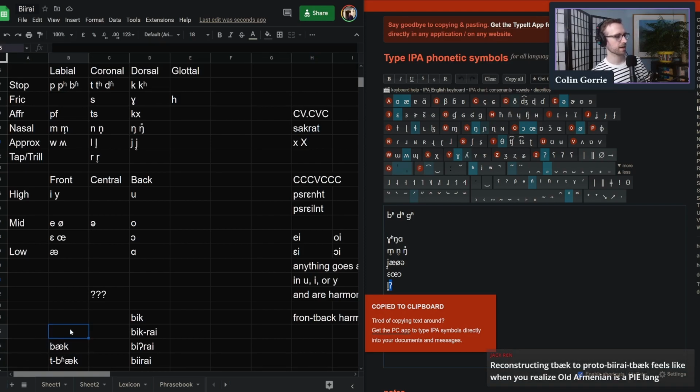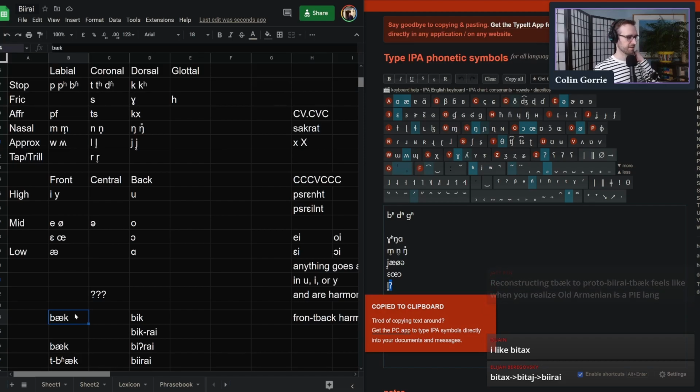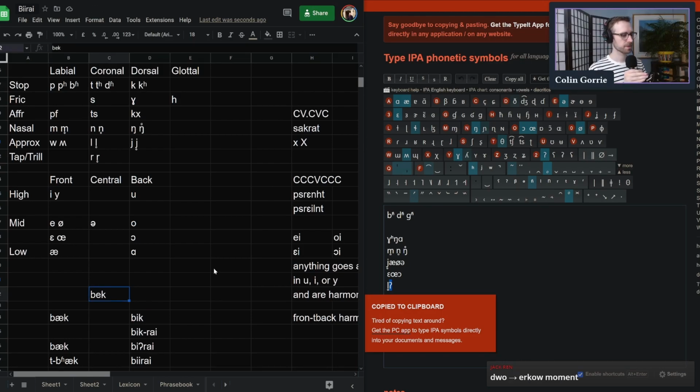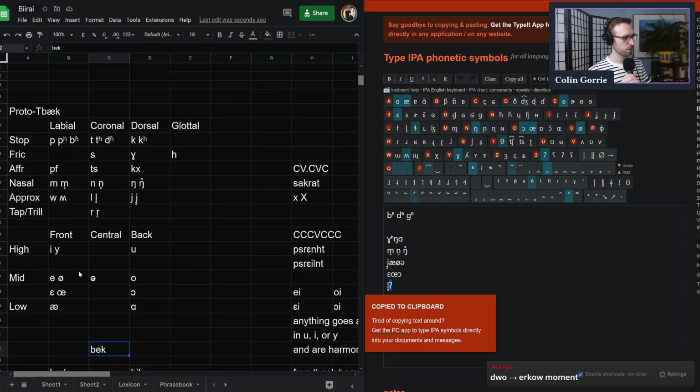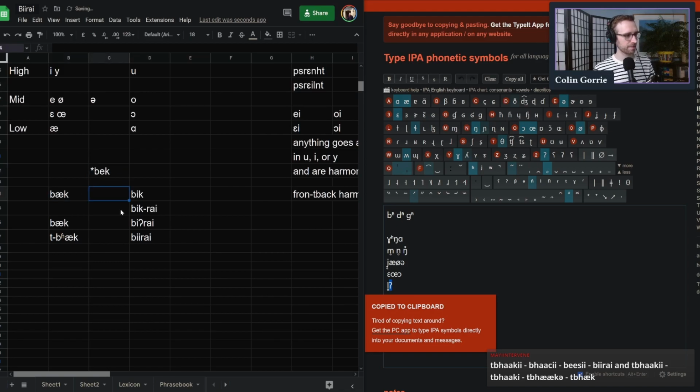So we get back, and then back and beak. Wondering what the vowel should be. Maybe something like Beck. And that could do it. So maybe that's the answer, where the T is just morphology and the Rai is just morphology. That's got some potential. And so our Proto-Biirai-Tbæk word is Beck.